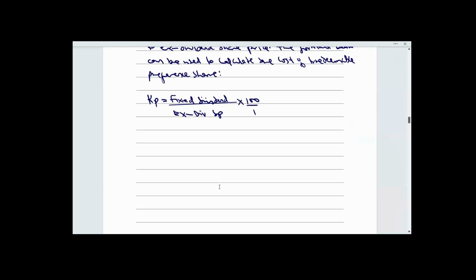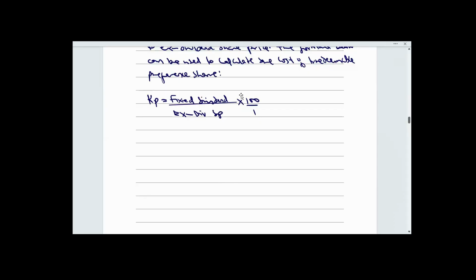All those concepts that we had under cost of equity, like cum div, ex div, share price, still apply here. The only difference is that as far as cost of irredeemable preference share is concerned, there is no growth rate. You can't have growth in dividend payment. Dividend will remain constant. It is fixed.